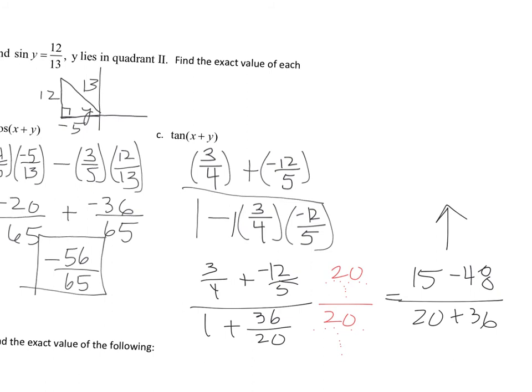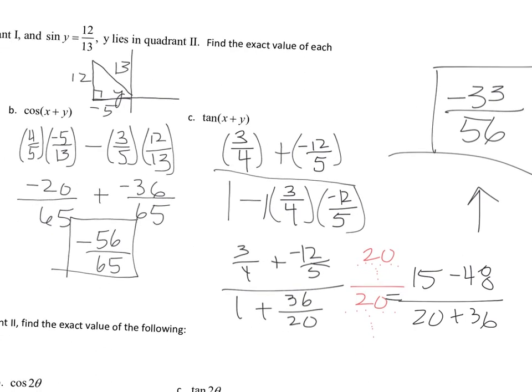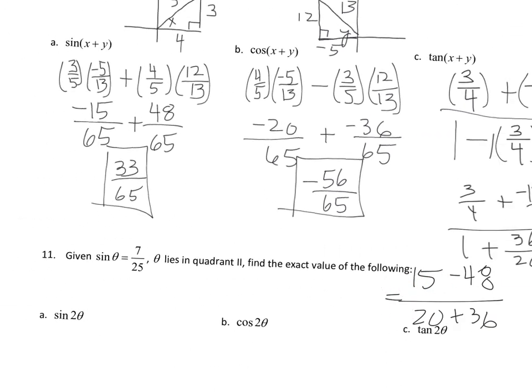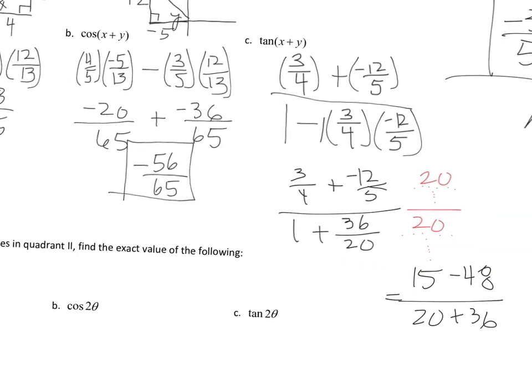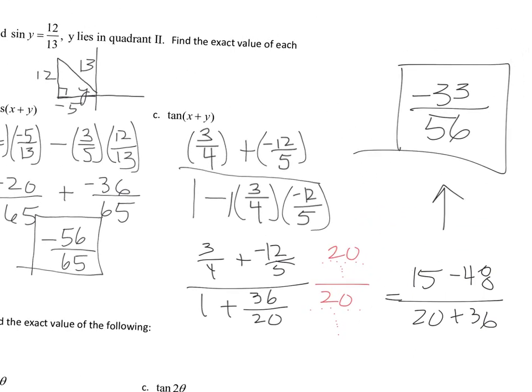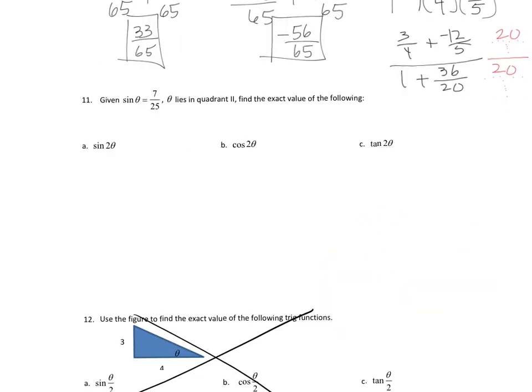I'm just going to work up here. 15 minus 48 is negative 33, divided by 20 plus 36 is 56, and if we check, did that match up? If we did y divided by x, that divided by that would give us what we have over here. So that works.